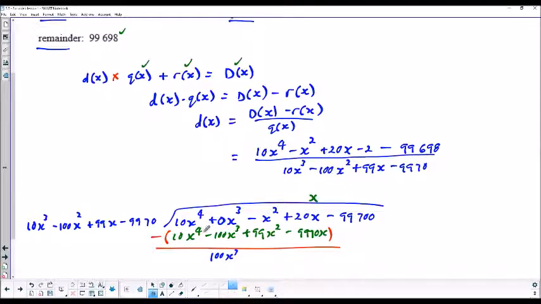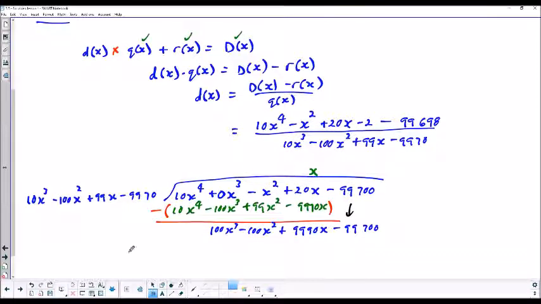Negative x squared minus positive, so negative x squared minus 99, which is negative 100x squared. 20x minus negative, so 20x plus 9,970 would be 9,990x. Bring this negative 99,700 down.